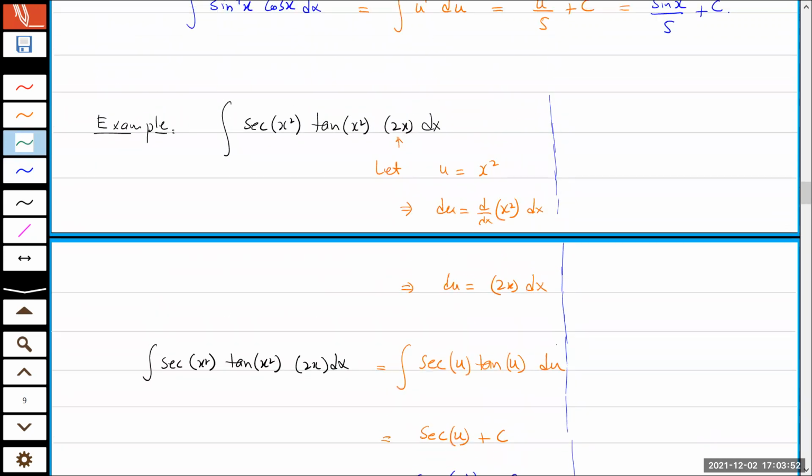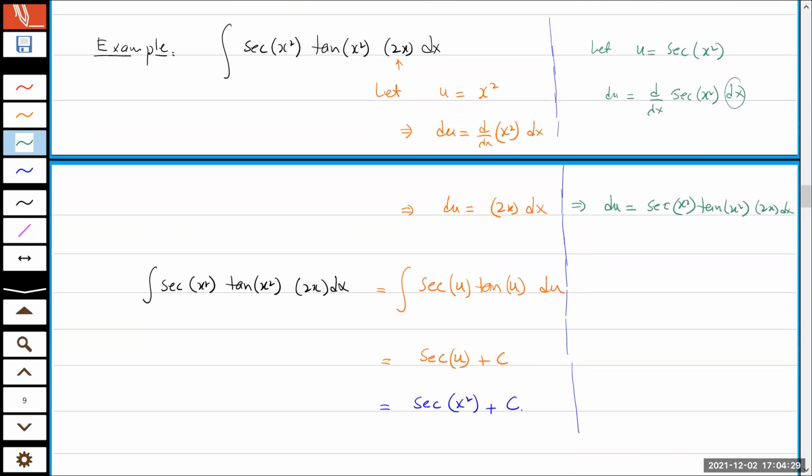Let u equal secant of x squared, because the derivative of secant is secant times tan. This gives me du equals d over dx of secant x squared times dx. This implies du equals secant x squared tangent x squared, and then by chain rule, the derivative of x squared, which is 2x, times dx.